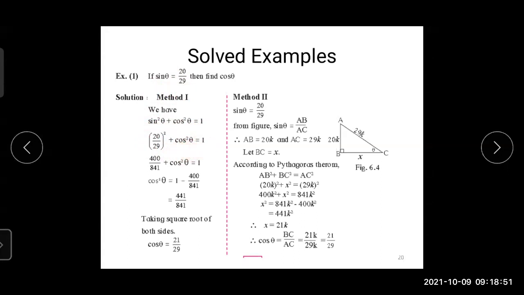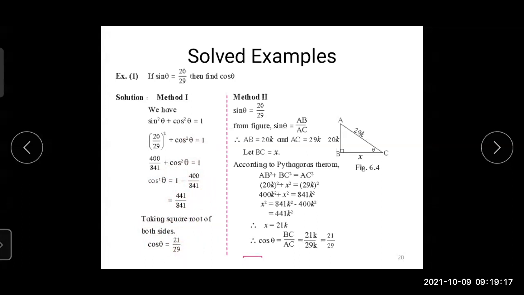The square of 20 is 400, and 29 squared is 841, so cos square theta is equal to 1 minus 400 upon 841, which is 441 upon 841. Taking the square root of both sides, we get cos theta equal to 21 upon 29.